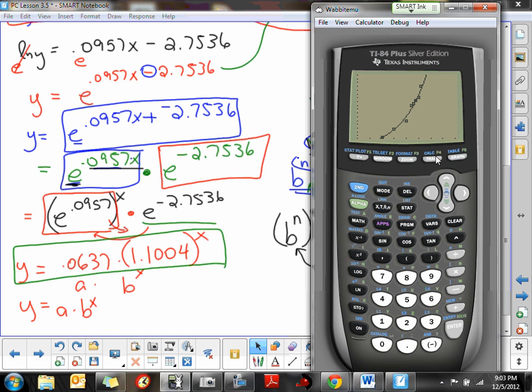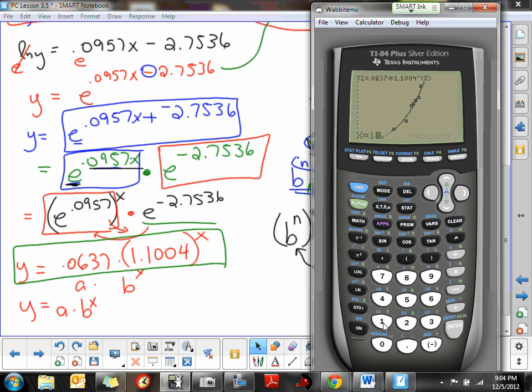So this is what we did in our first part of our investigation. I'm going to hit trace. I found the model. I put it in y sub 2. Here's our exponential model. So how many years after 1900 is it? We were supposed to go to 2012. So that would be 112 years later.